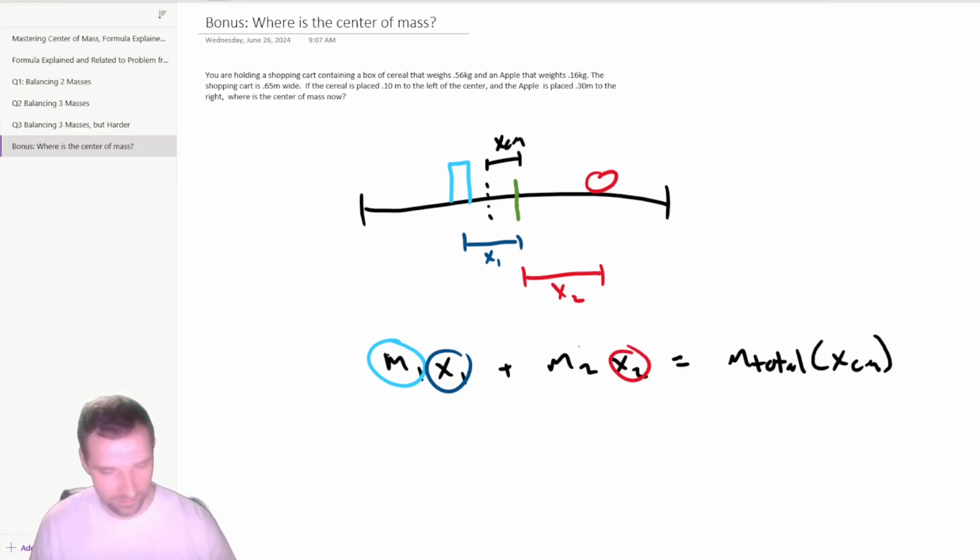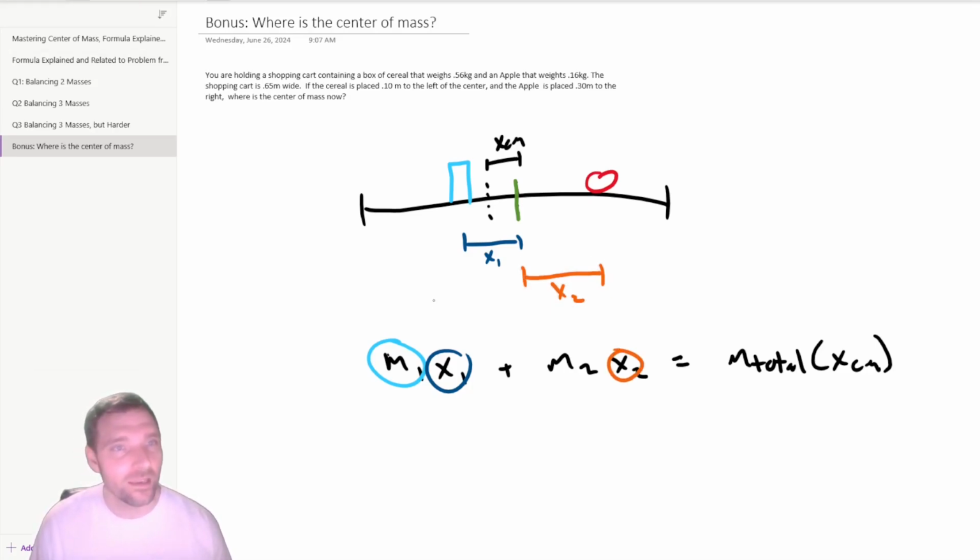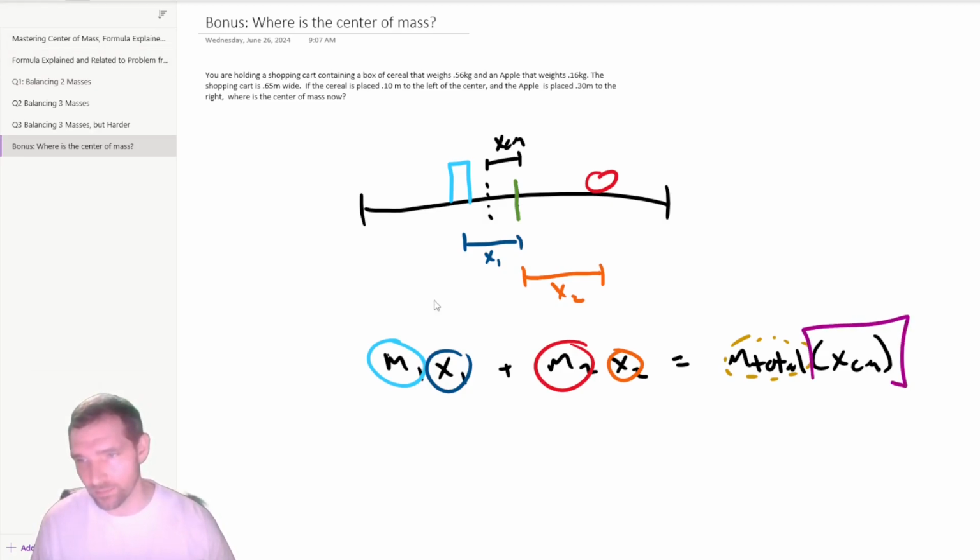To keep colors consistent with the previous section, let's do that as the position. And this is our mass. This is something that we can solve for pretty easily. And then we are ultimately going to be trying to get the center of mass position.